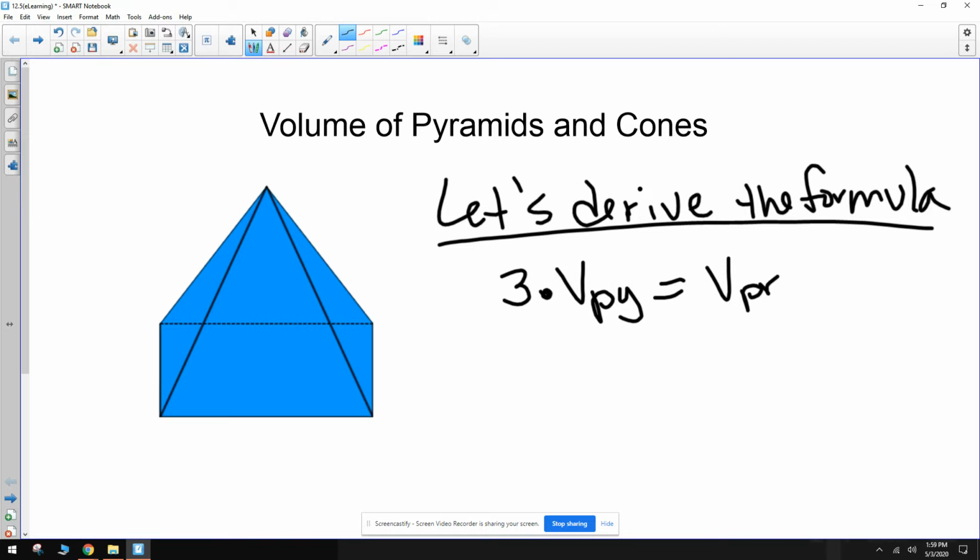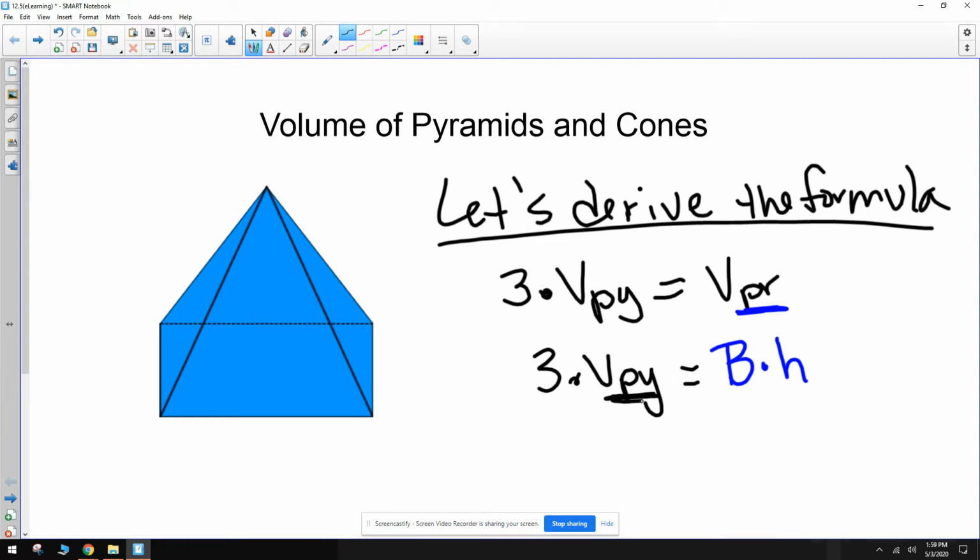From here, we're going to deconstruct what we know. We know the formula for the volume of a prism: it's the area of the base times the height. Everything else stays the same in the formula; we're just going to change that piece. Now, I'm trying to find the volume of a pyramid, so I want to get this all alone.